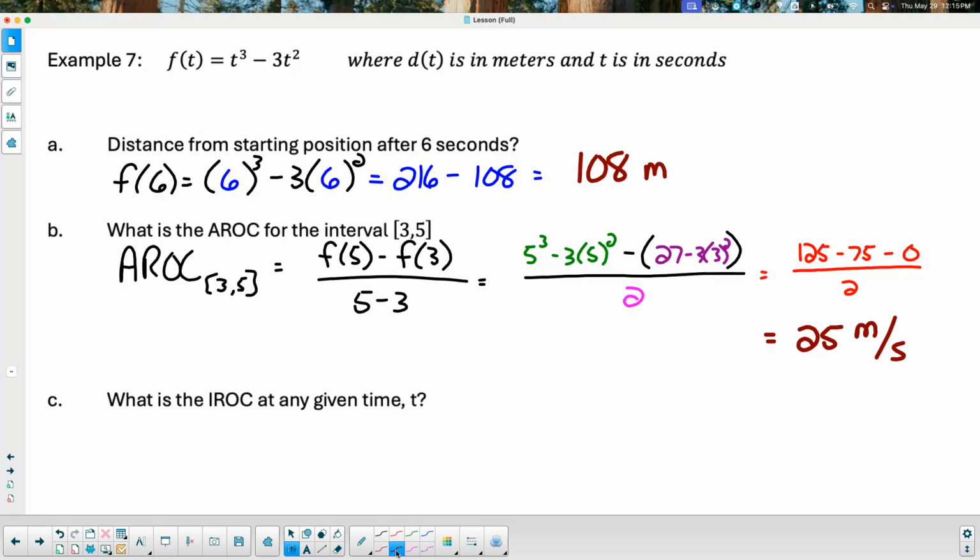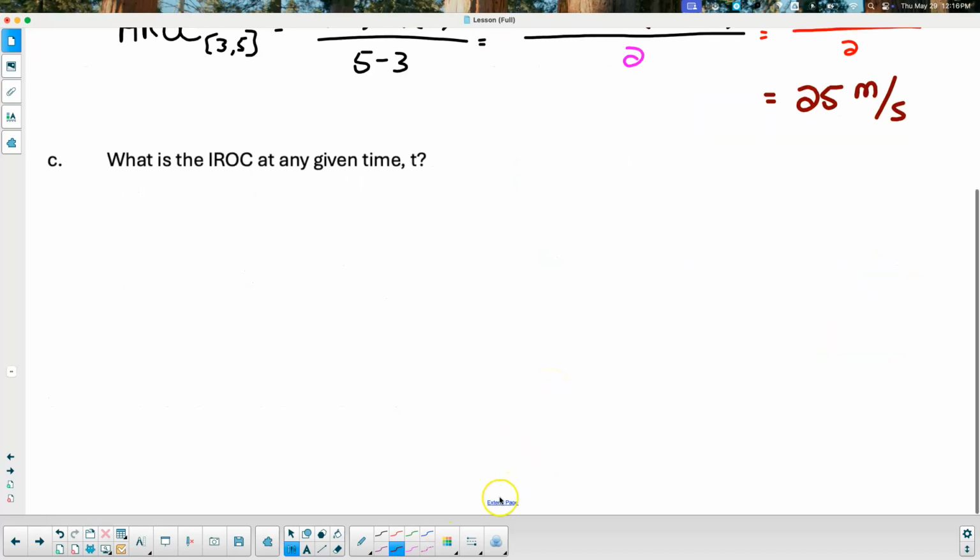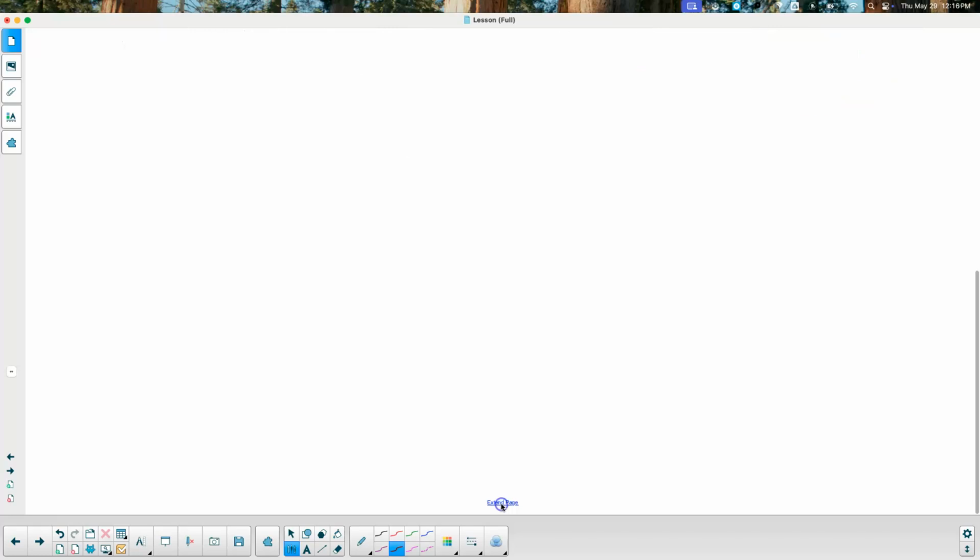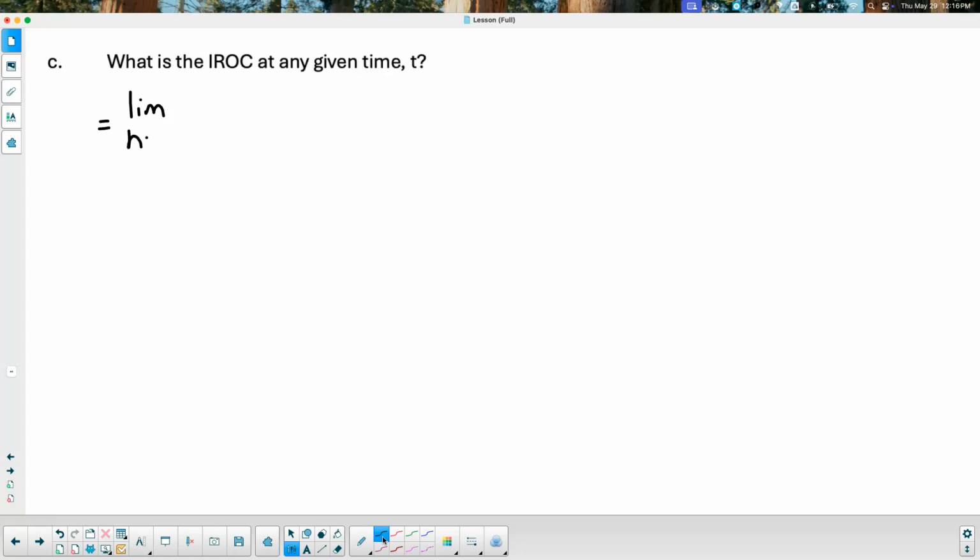Now let's find the IRoC at any given time t. So that's going to be that way that we learned yesterday. So this is going to be the limit as h approaches 0 of f of t plus h.